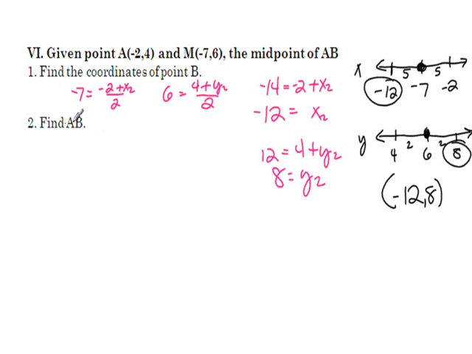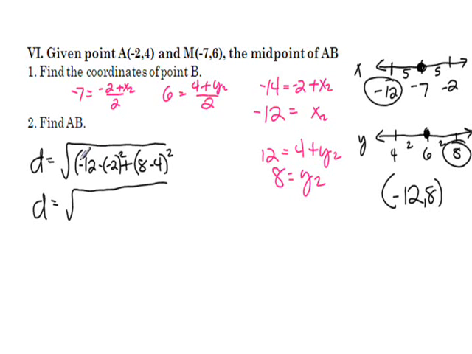All right, and then we need to find AB. So again, it's talking distance, so we're going to use the distance formula. We've got the distance equal to the square root of the difference of the x's. So I'm going to take -12 and subtract -2, and square that, plus the difference of the y's, so 8 minus 4, and square that.